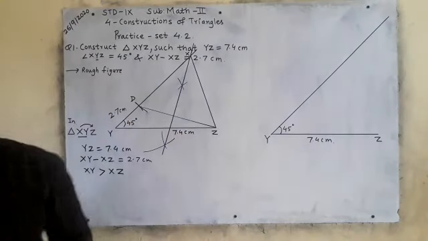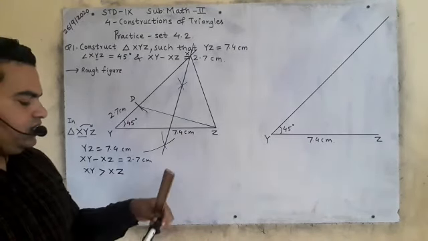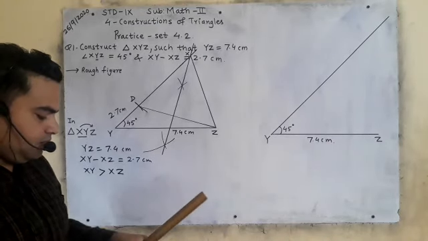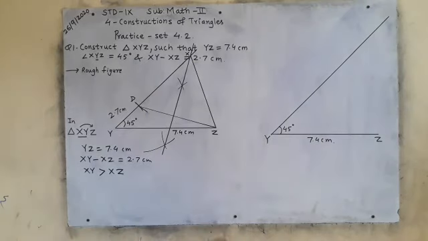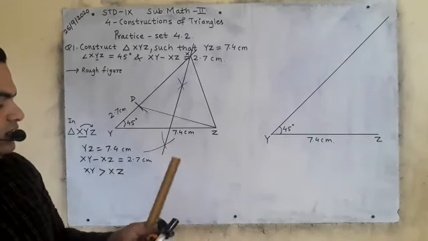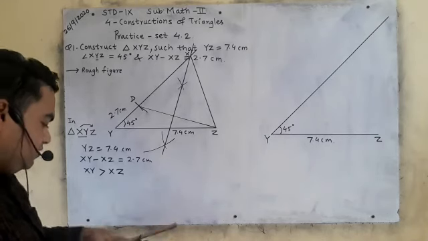Okay. So I will take arc above 2.7 centimeter. So 2.7 you will take in your compass.